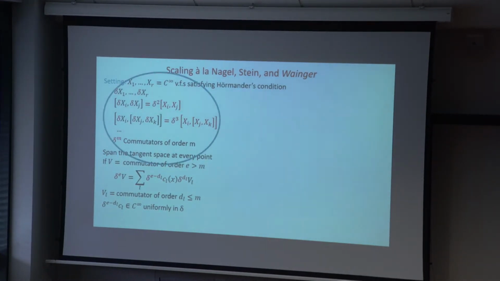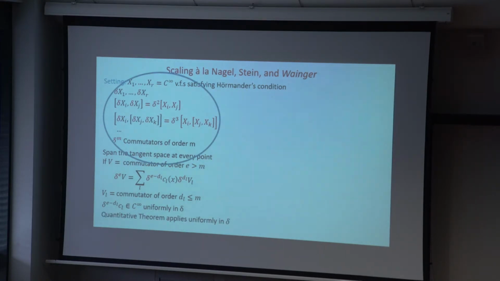Well, that tells us if we look at this list of vector fields up here with the delta, and if I take the commutator of any two of these vector fields in this list, it is going to be spanned, with coefficients which are bounded uniformly in delta, by vector fields in this list. Okay? That was exactly the main hypothesis of the quantitative theorem.